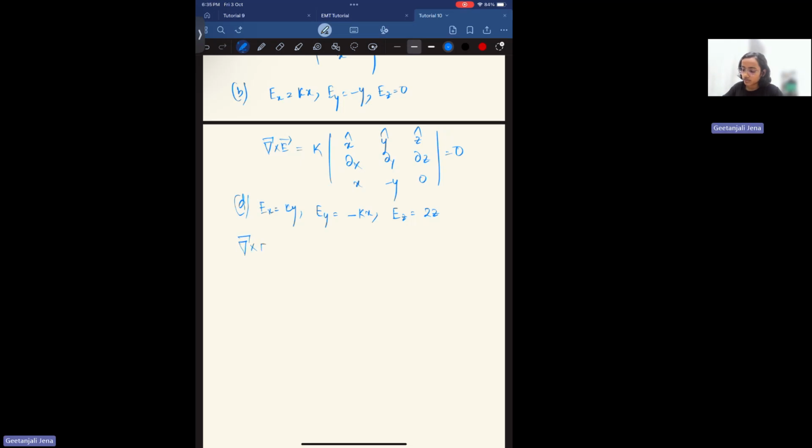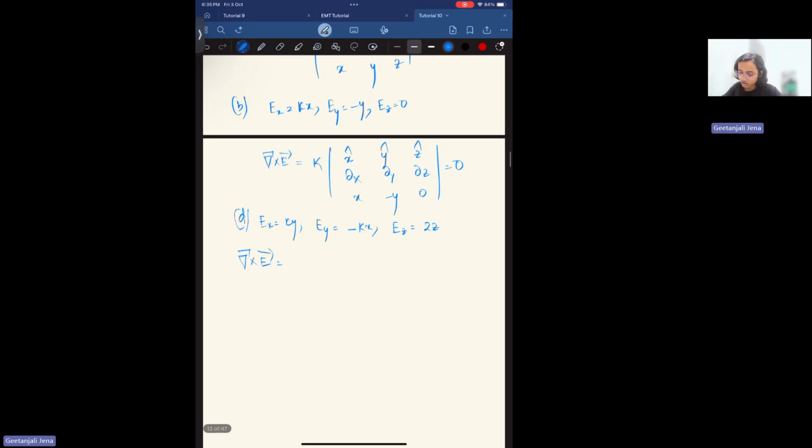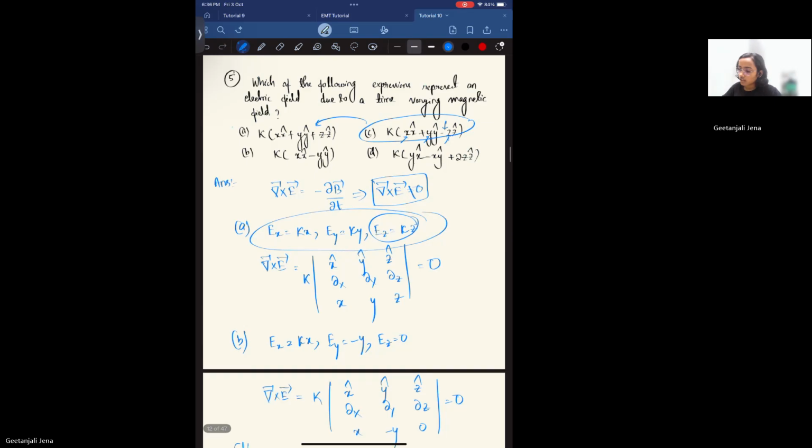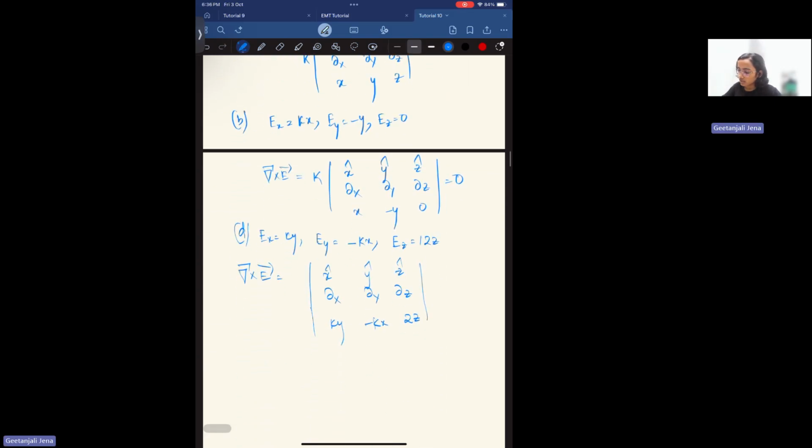The curl of E is, we can take out K now. So this is x cap, y cap, z cap, dou x, dou y, dou z, Ky, minus Kx, 2z.